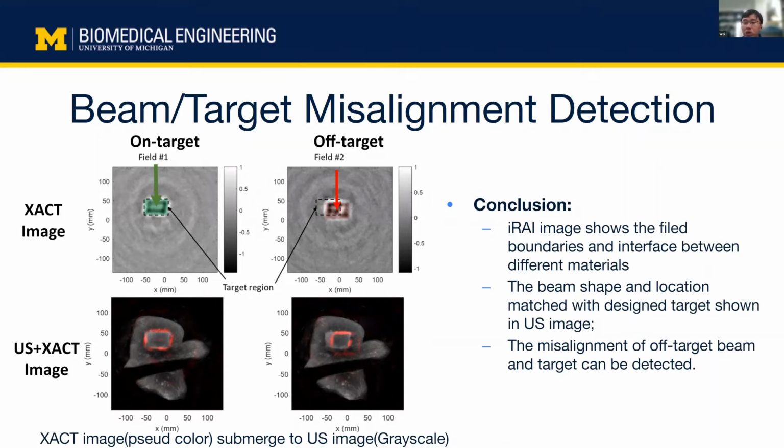The beam shape and location can match with the desired target shown in the ultrasound image, and the misalignment of beam and target can also be detected. This demonstrates the feasibility of this technology to detect the misalignment between the radiation beam and the target, which is a really important part of radiation therapy.